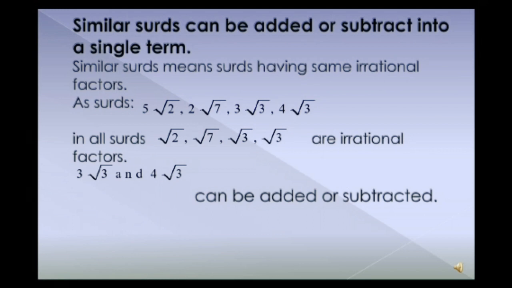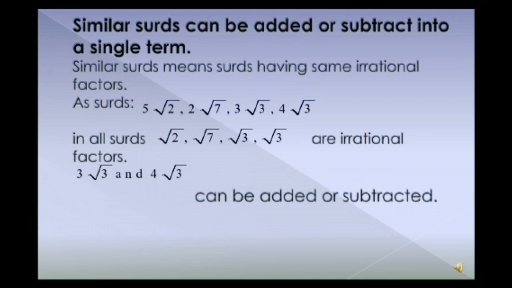Now, similar surds can be added or subtracted into a single term. What are similar surds? Similar surds means surds having the same irrational factors. Irrational factors, you know, are the numbers which are written under the root. So take the surds 5 under root 2, 2 under root 7, 3 under root 3, 4 under root 3.